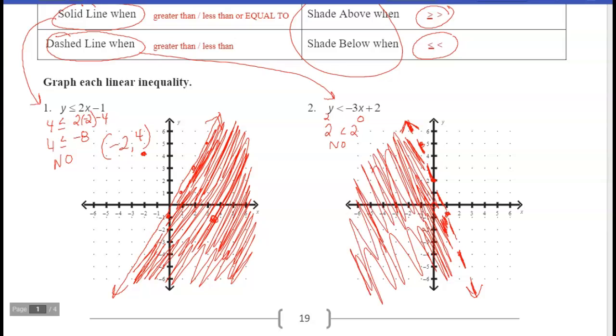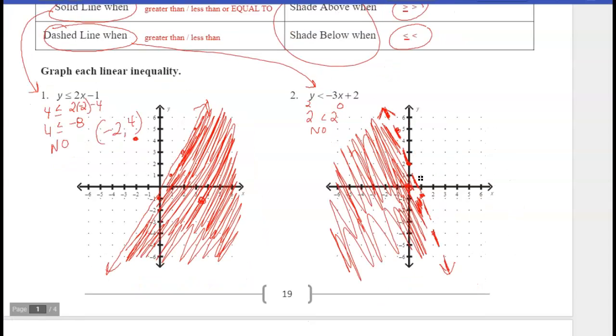So if I pick 0, 0, since it's clearly below our line, it would work. So if I did 0 less than -3 times 0 plus 2, I would get 0 is less than 2. That is true.